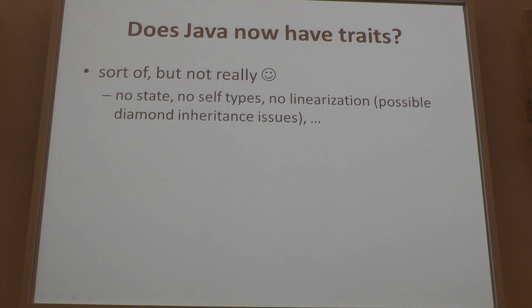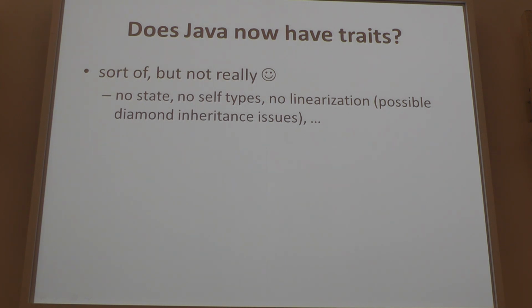The type system in Java 8 stays basically the same. So you have no self types, and you cannot do fancy stuff like the traditional cake pattern that uses self types.